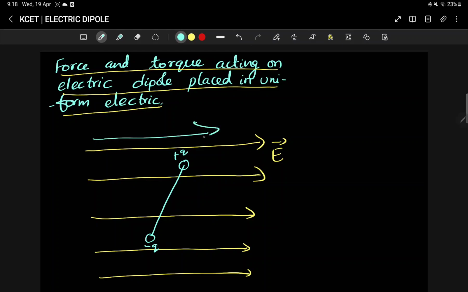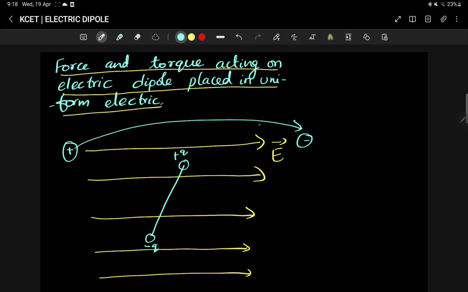Electric field lines originate from positive charge and end at negative charge or infinity.